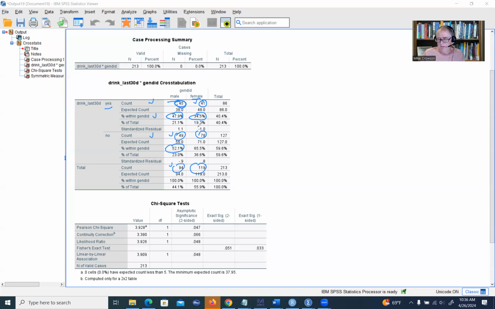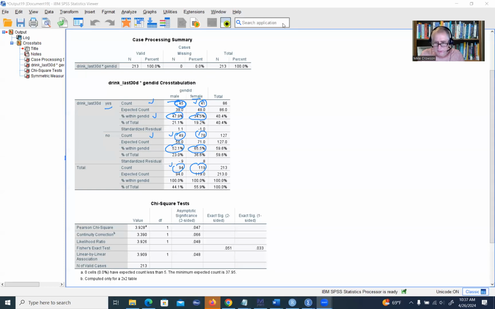That's the 34.5%. So 34.5% of individuals identifying as female said yes. And then you can obviously see right here that we have 65.5% of persons identifying as female said no, that they have not had a drink over the last 30 days.